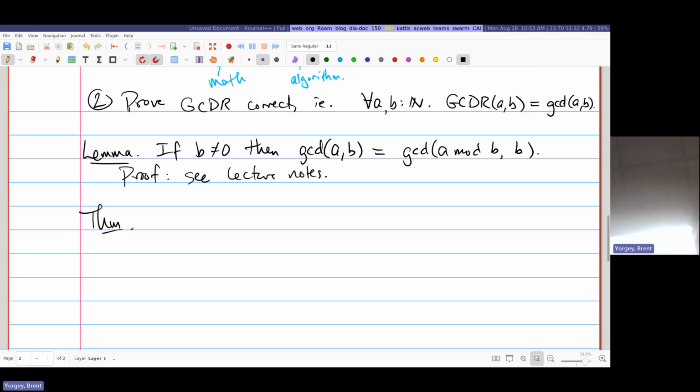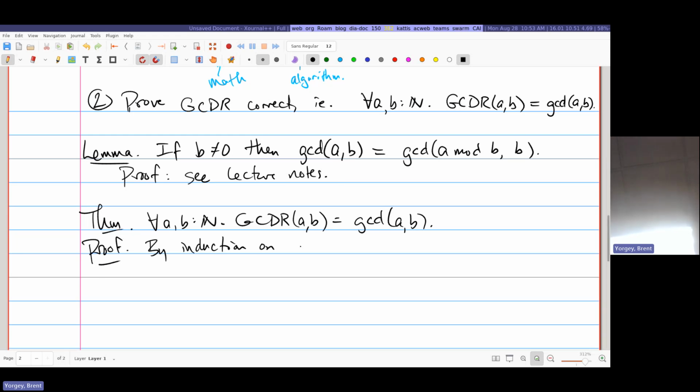Okay, so theorem. For all natural numbers A, B, GCDR of A, B equals little GCD of A, B. This proof is also going to be by induction on B. In this particular case, we didn't actually have to do that first step to prove that it terminates, because this theorem kind of implies that already.